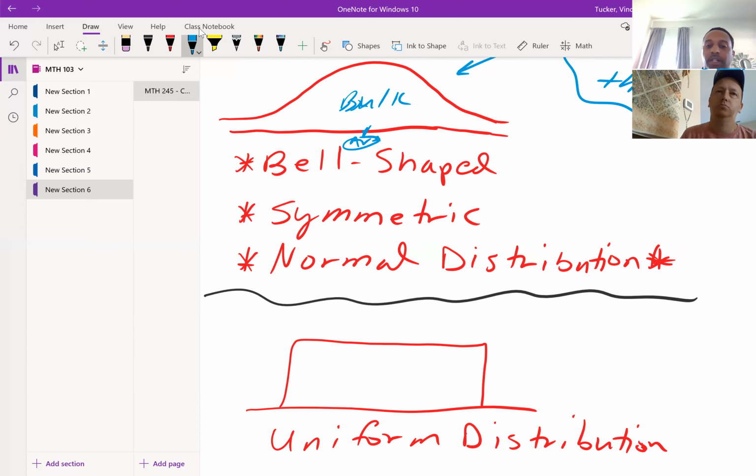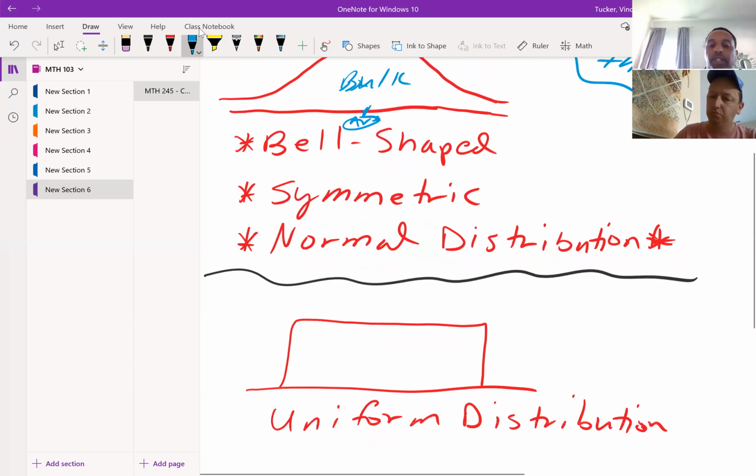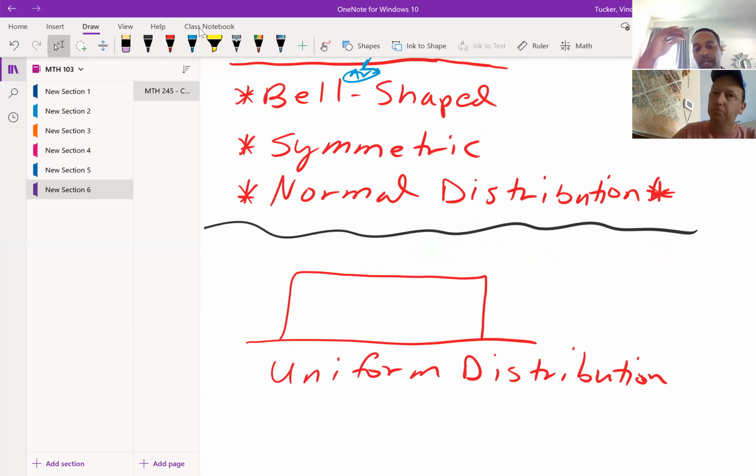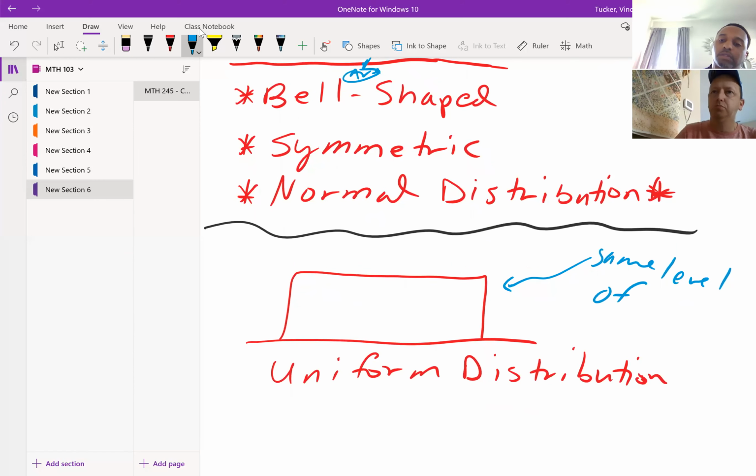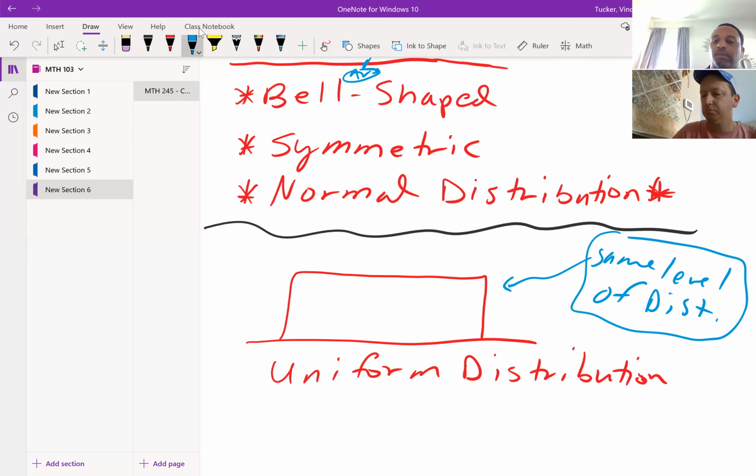The only reason I bring that up here is with a uniform distribution, everything's being distributed at the same level. You're talking about the same level of distribution, the same amount of distribution.